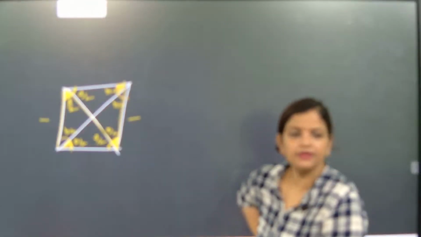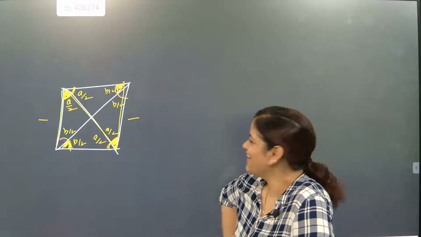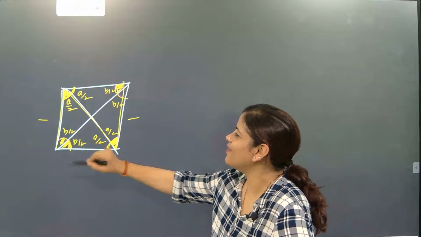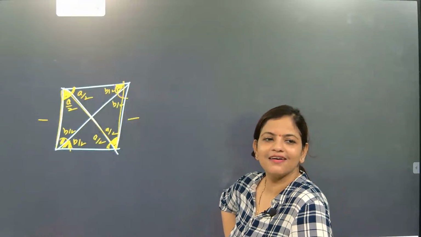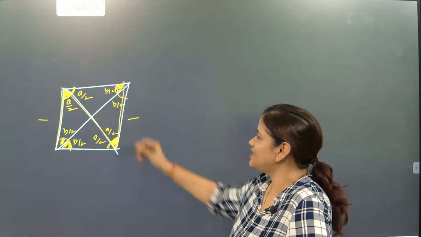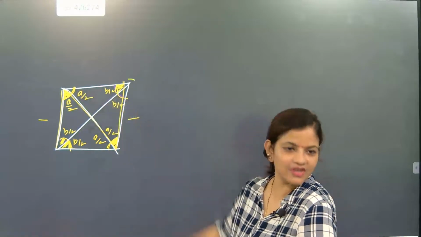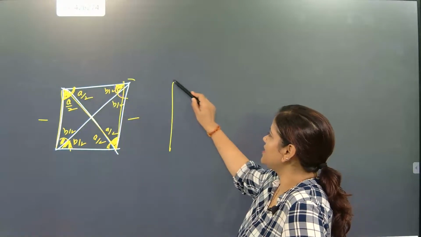Are you getting it? Which one are we going to take? See, this side we need. Which triangle are you taking first? If you take this triangle and this triangle, see the story like this.